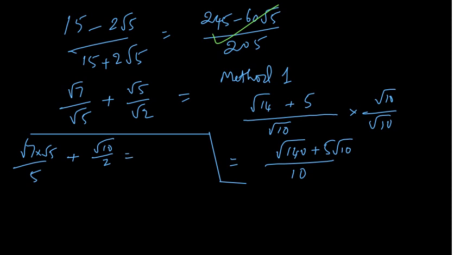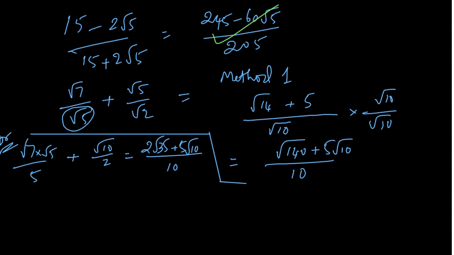Then you have 10 already here, so this is 2 root 35 plus 5 root 10. We rationalize this, same thing, I multiply and divide. So you get the same answer actually. You take this 2 inside, you get root 140 plus 5 root 10. So both methods you can do.